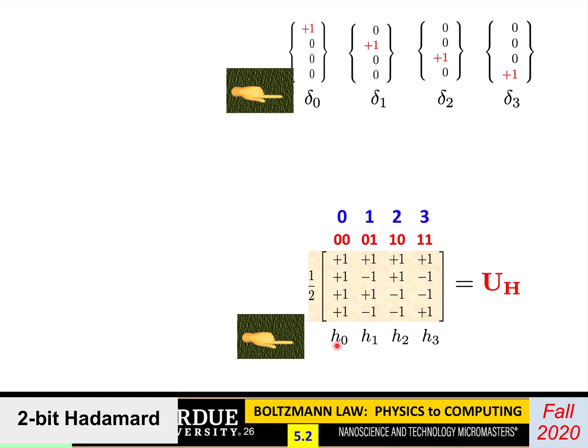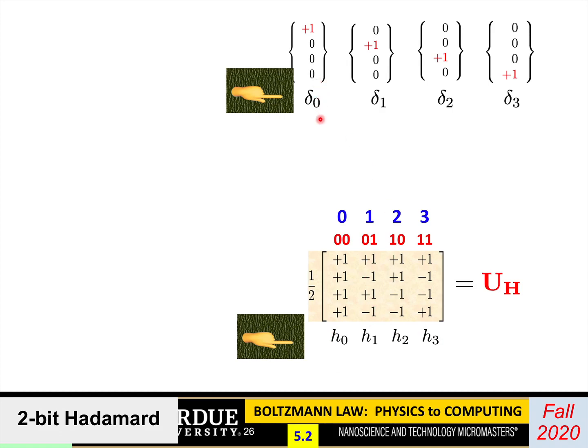So you could say H0, H1, H2, H3. What's H0? It's this 1, 1, 1, 1 multiplied by a half. What's H1? Well, it's 1, -1, 1, -1, again multiplied by a half, and so on. So each of these columns, we give it a name.